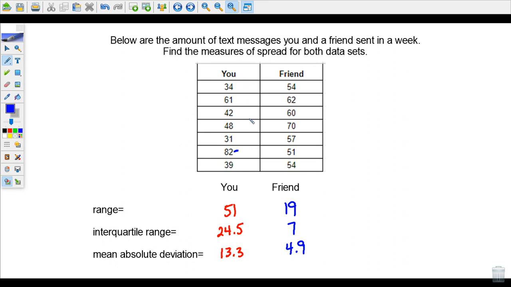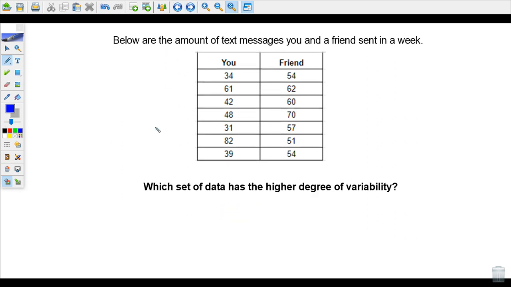You got a lot of different 30s, 40s. Here's a 60, here's an 80. So not as consistent. And I think that our numbers show that. Your range is bigger, the IQR is bigger, the mean absolute deviation is bigger. So hopefully some things that you're picking up on just by looking at it, and then doing the calculations verifies it, justifies it for us.